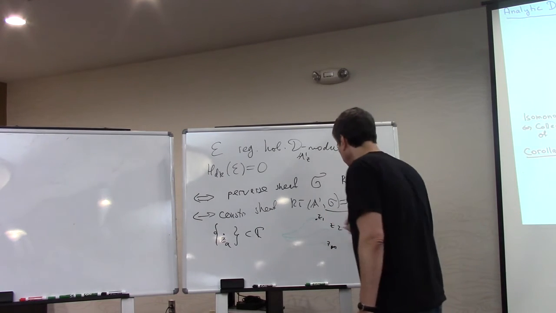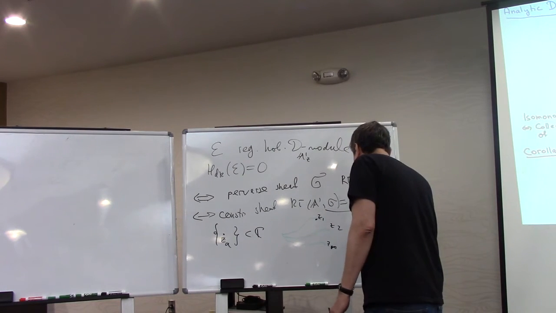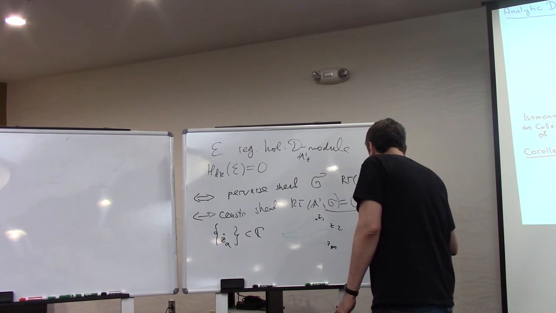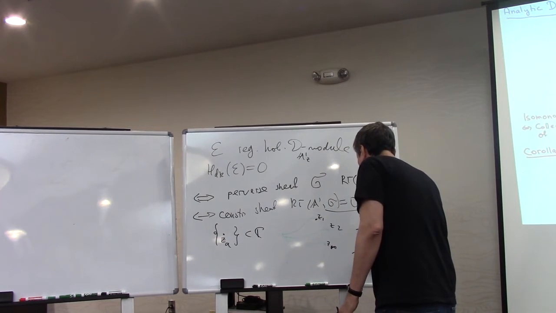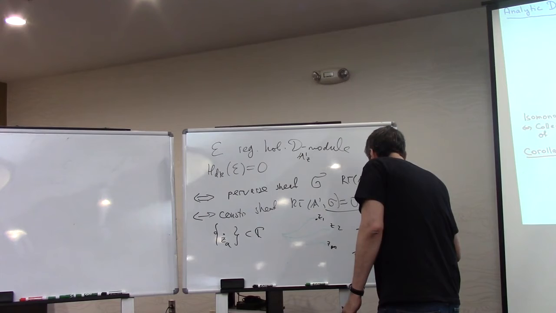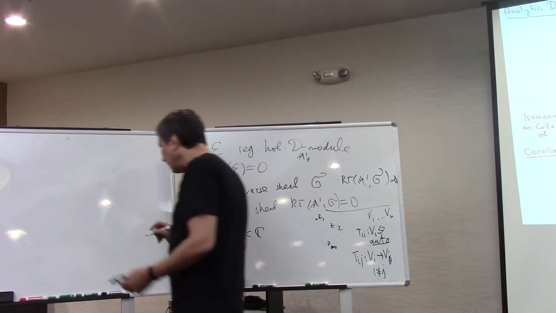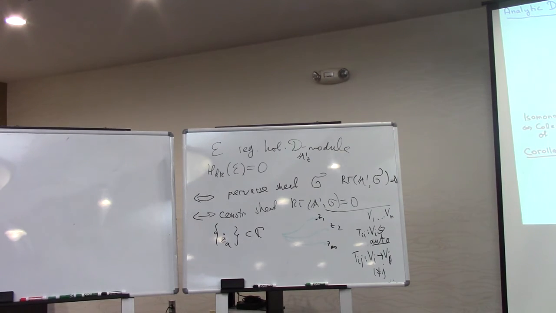Then you get an operator T_i from the vector space to itself, which is an automorphism. And then you get operators T_ij from V_i to V_j for i not equal to j, arbitrary. And how do these things appear in real life?